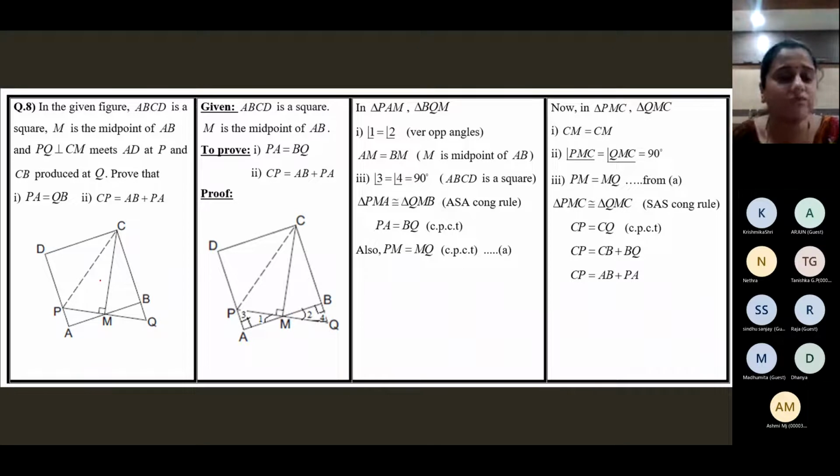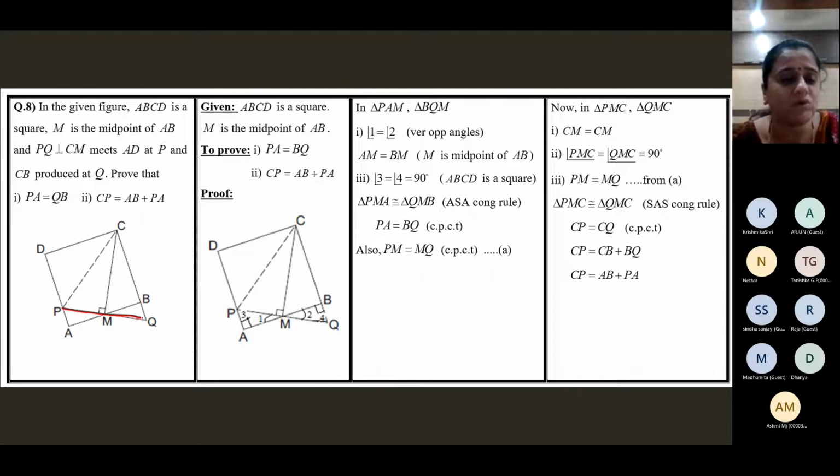So M is the midpoint of AB and PQ is perpendicular to CM. You can see here PQ is perpendicular to CM. PQ perpendicular to CM meets AD at P. So see here, this PQ meets AD at P and CB produced at Q. They are talking about the line segment PQ.